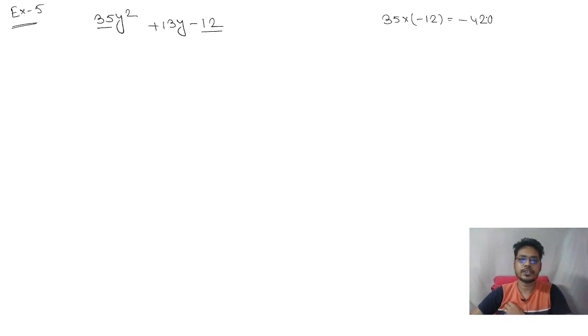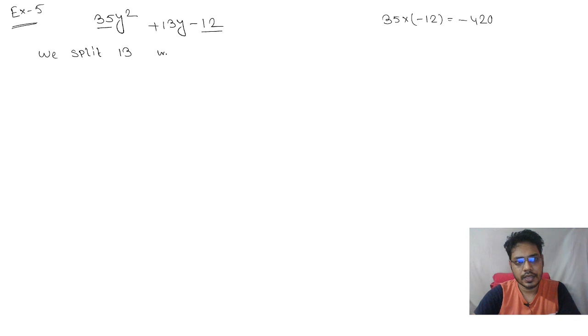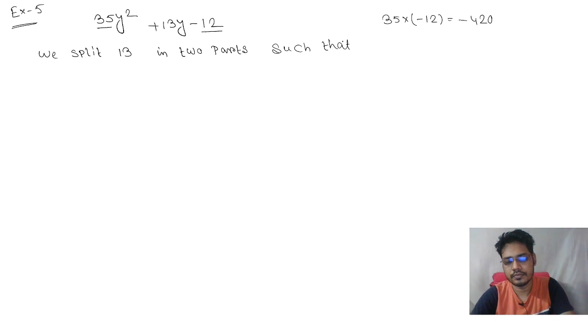Now you have to split this middle term 13 in two parts such that its sum will be 13 and the product will be minus 420.